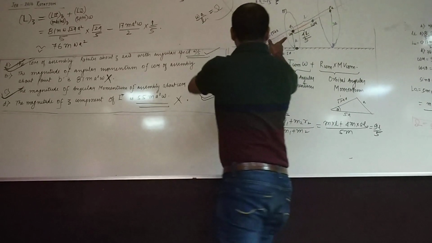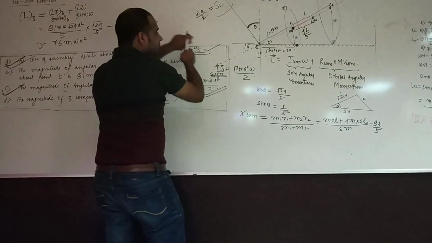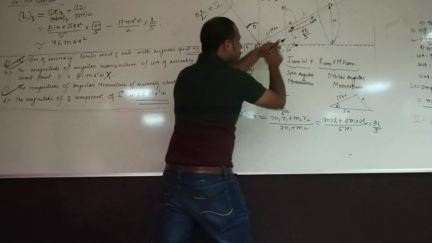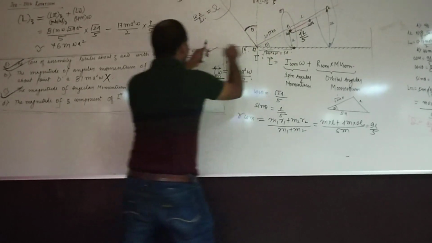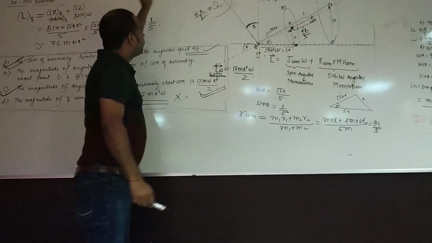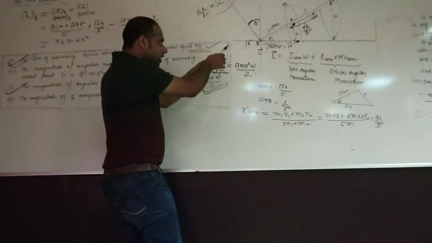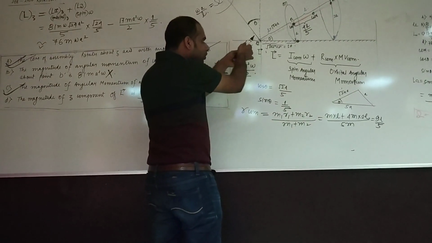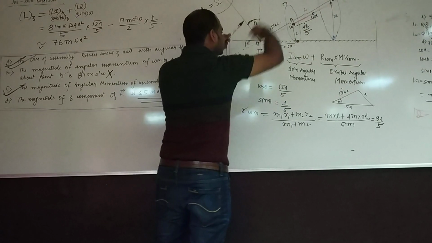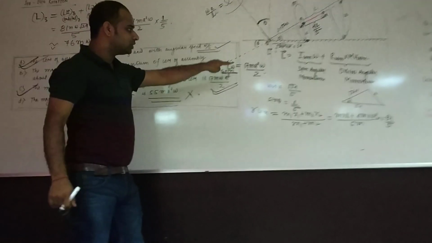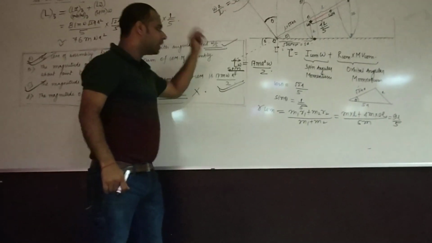We calculated the orbital angular momentum, this part, due to the rotation of center of mass about O, and it came out to be 81 m omega root 24 a square by 5. Then we calculated spin angular momentum due to the rotation of this disk about the axis passing through the center of mass, that came out to 17 m a square omega by 2.